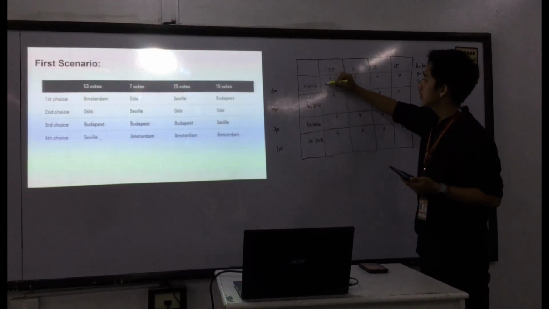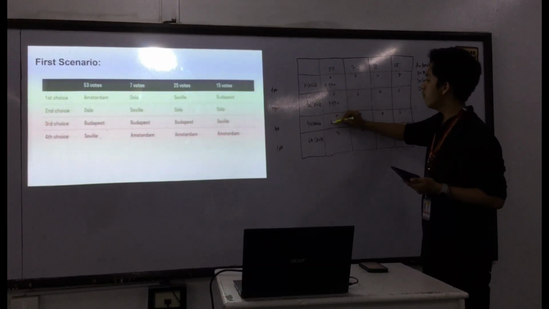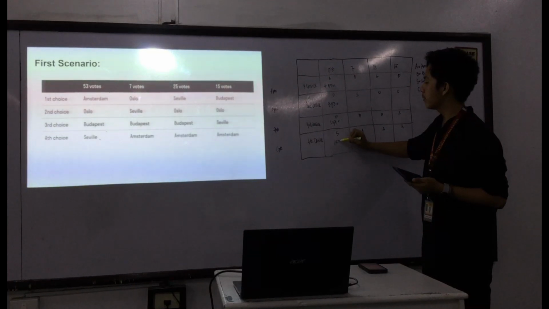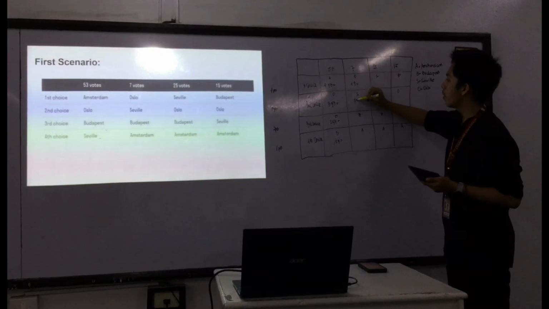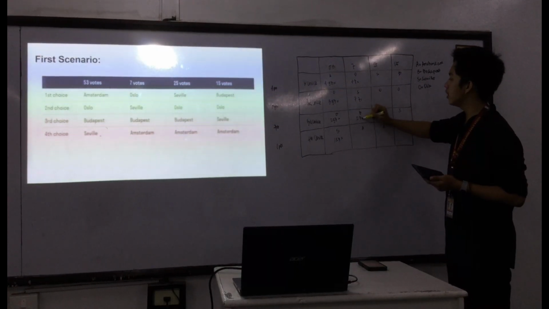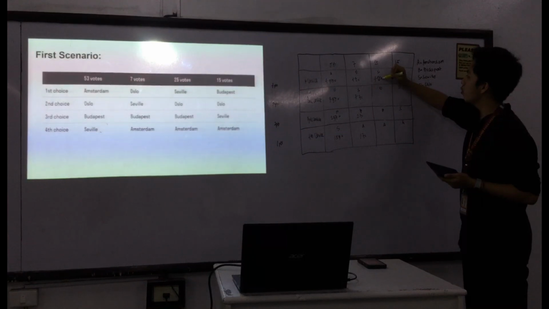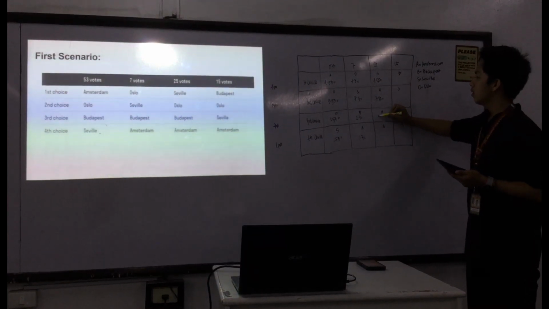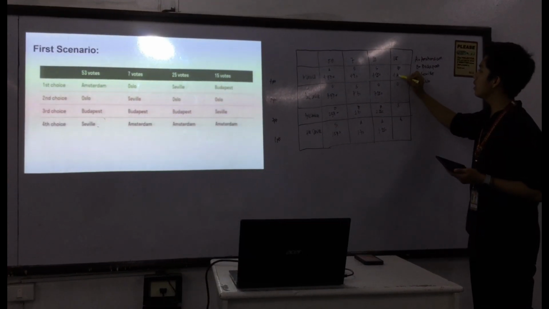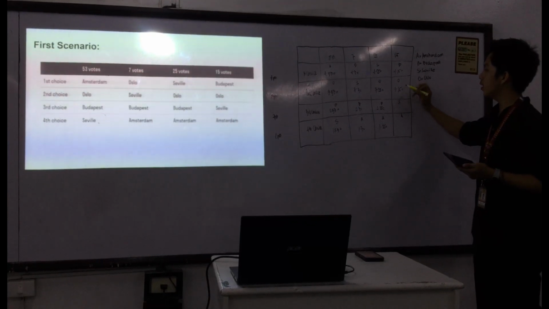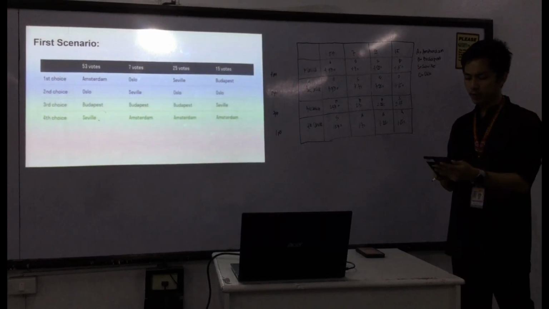So 4 points times 53, 3 points times 53, 2 points times 53, 1 point times 53, then 4 points times 7, 3 points times 7, 2 points times 7, 1 point times 7, 4 points times 25, 3 points times 25, 2 points times 25, 1 point times 25, 4 points times 15, 3 points times 15, 2 points times 15, 1 point times 15.